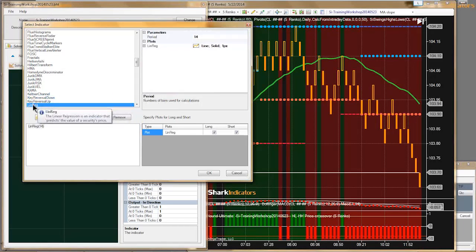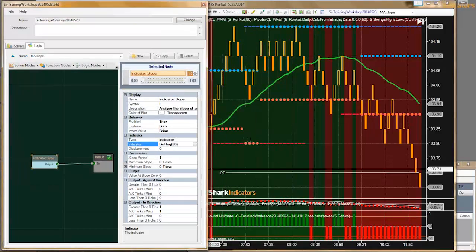There we go, linear regression, and we happen to have an 80 period on the chart, so let's switch this over to an 80 period. There's only one plot out of this, so we don't have anything to change.